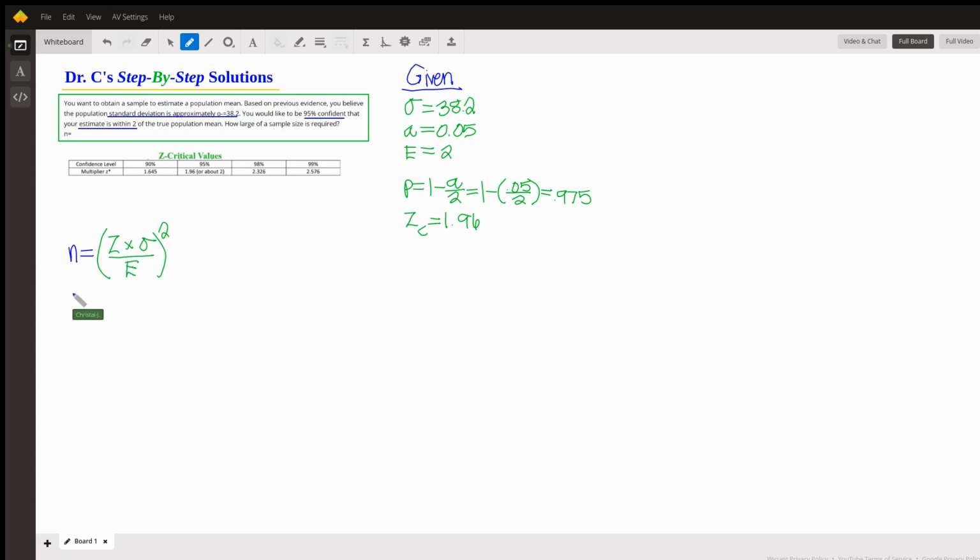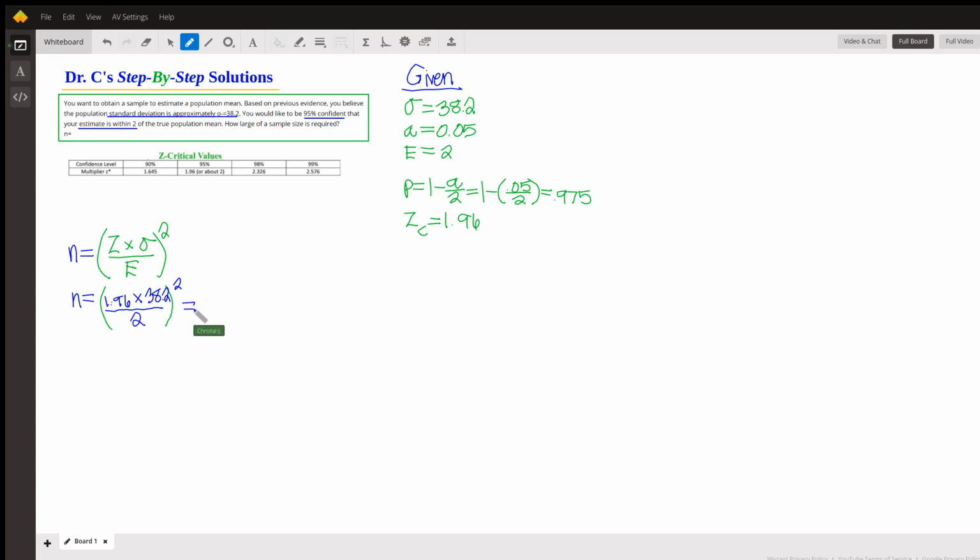So N equals Z, which is 1.96, times the standard deviation, which is 38.2, over 2, squared.